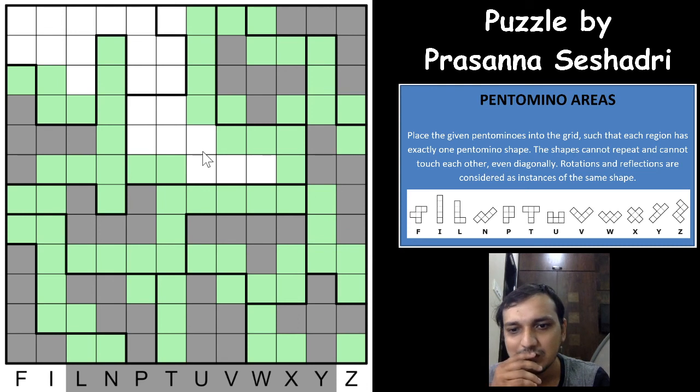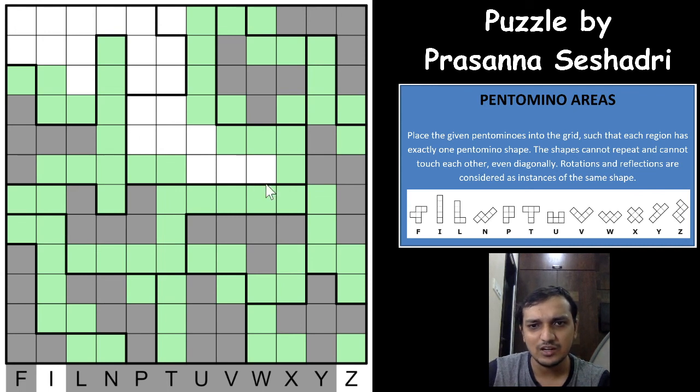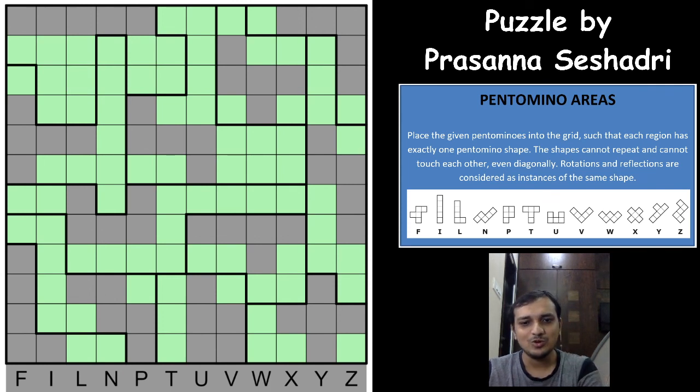Superb. So the F is done now, and this area cannot have the I now. I needs 5 continuous cells, which means that it has to be Z, and there is only one possible way for the Z to be fulfilled. So you have done the Z also, and the I can only be placed in one possible place, that is this cell. Superb. So excellent.